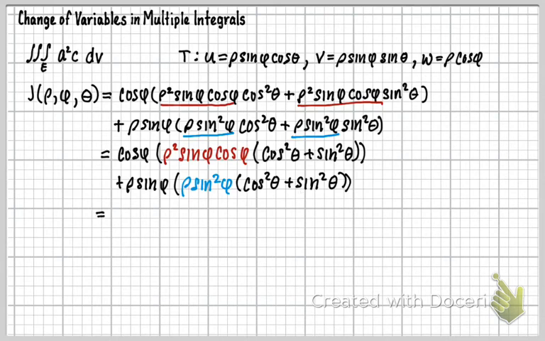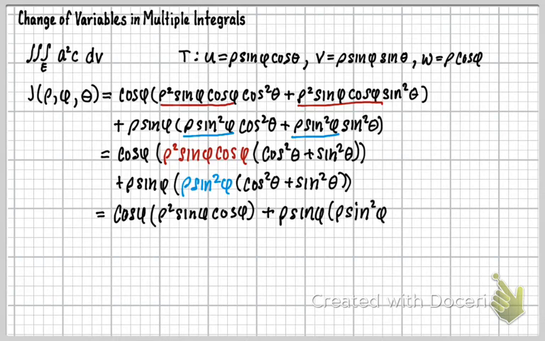So we're going to get cosine phi times, and I'm just going to write it out, rho squared sine phi cos phi, plus rho sine phi times rho sine squared phi.